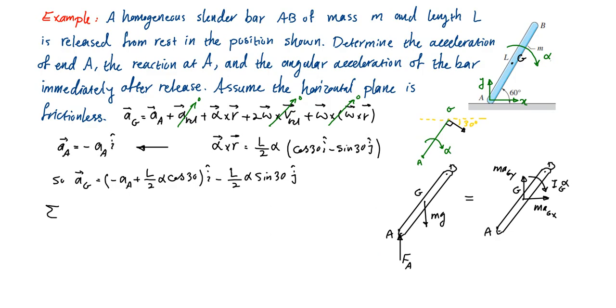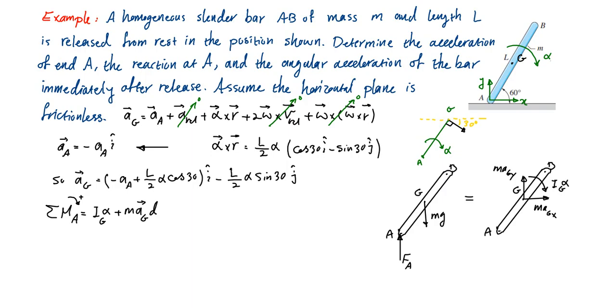I'm going to use the first equation for moment since I know the acceleration of the center of gravity. I would say mass moment of inertia about center of gravity times alpha plus m a_G d, right?